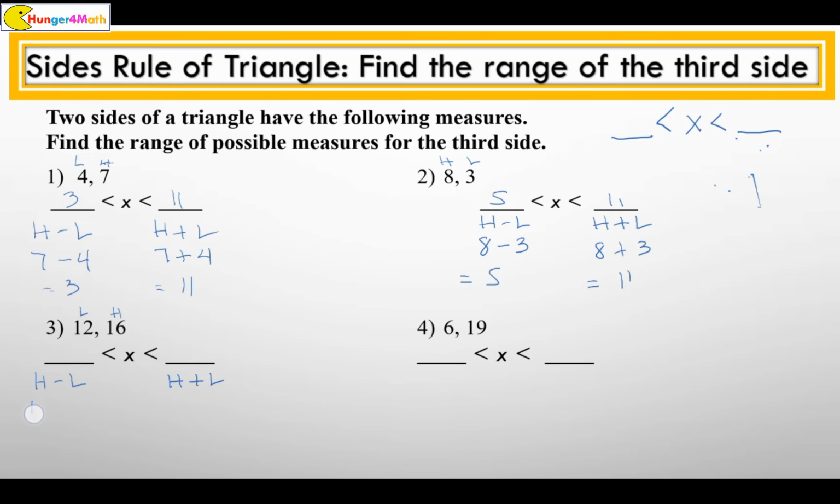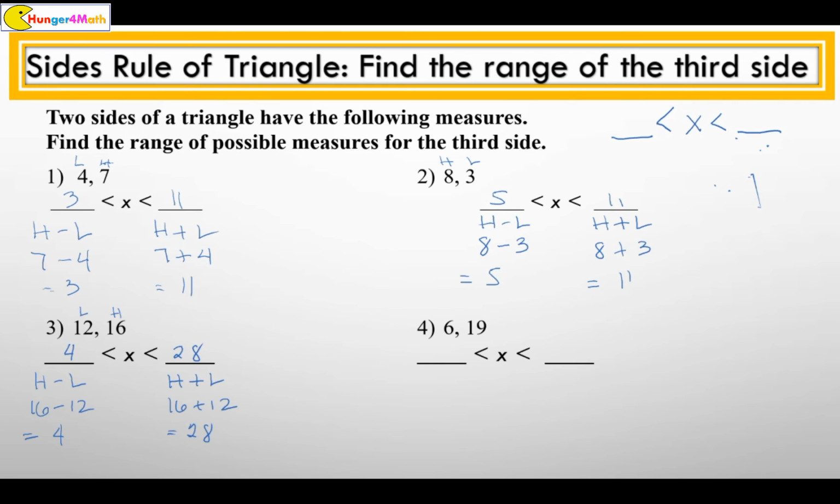So this will become 16 minus 12, and 16 minus 12 is equal to 4. Next, we have 16 plus 12, and that is equal to 28. So the numbers here are 4 and 28. Our final answer will be x is less than 28 but greater than 4.